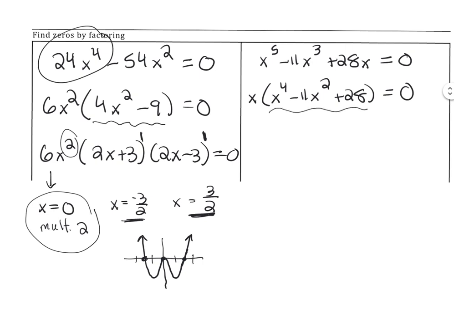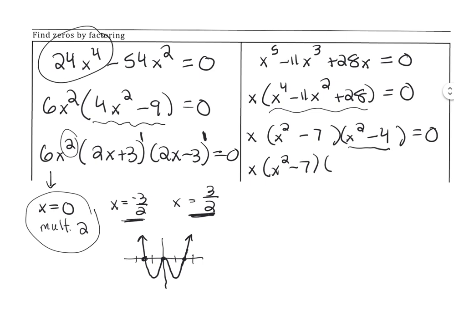Now this is a 4th degree, but it's in quadratic form. So we will factor this down to x squared and x squared, and then minus 7, minus 4. So I've got x squared minus 7. This x squared minus 4 could go down even further to x plus 2 and x minus 2.